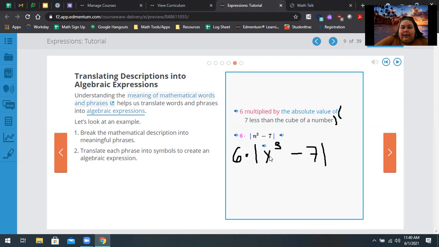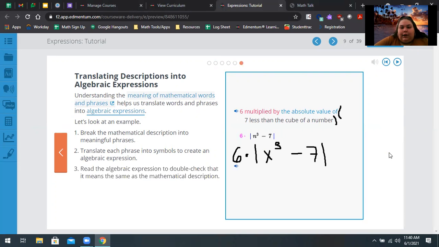Okay, so we came up with the same expression, but we used x instead of n. But again, you want to make sure you're able to take that verbal description and break it down into pieces. Sometimes when we speed read, we're like, what in the world happened right there? So here we just want to make sure we break it up into parts.